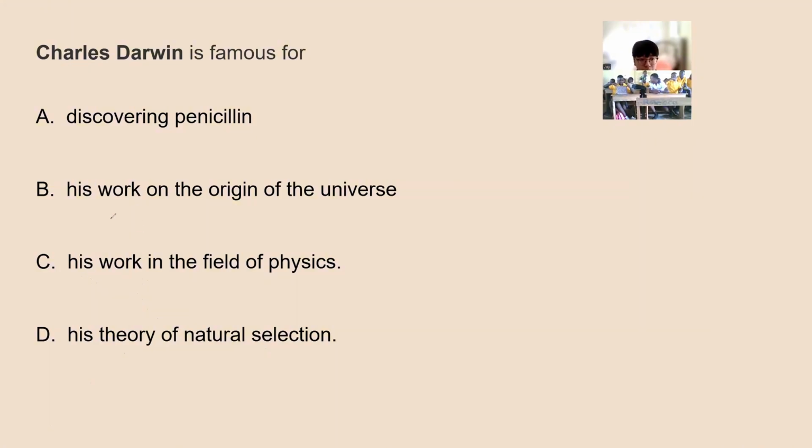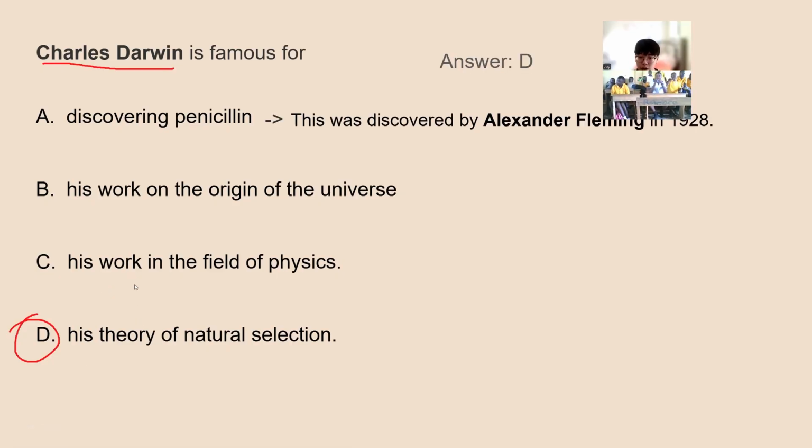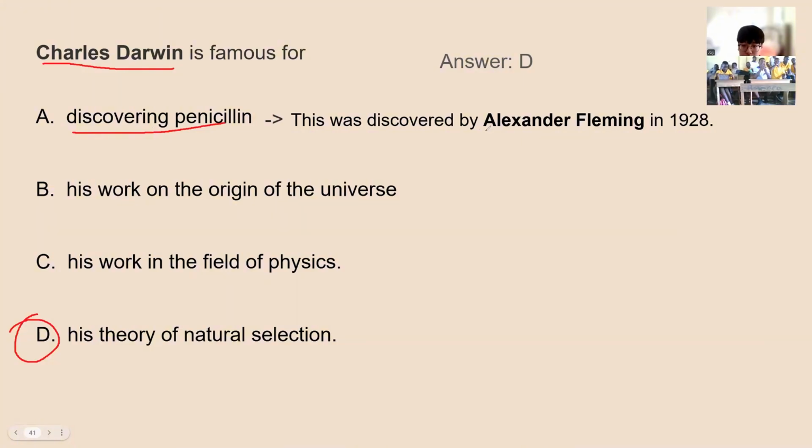I haven't really talked about Charles Darwin specifically yet, but like I think some of you said, it is D, his theory of natural selection. A, penicillin, was discovered by someone else called Alexander Fleming.